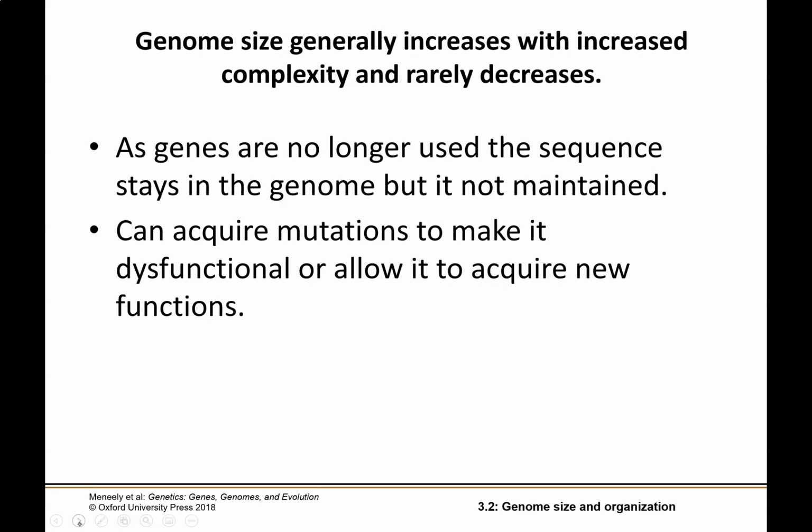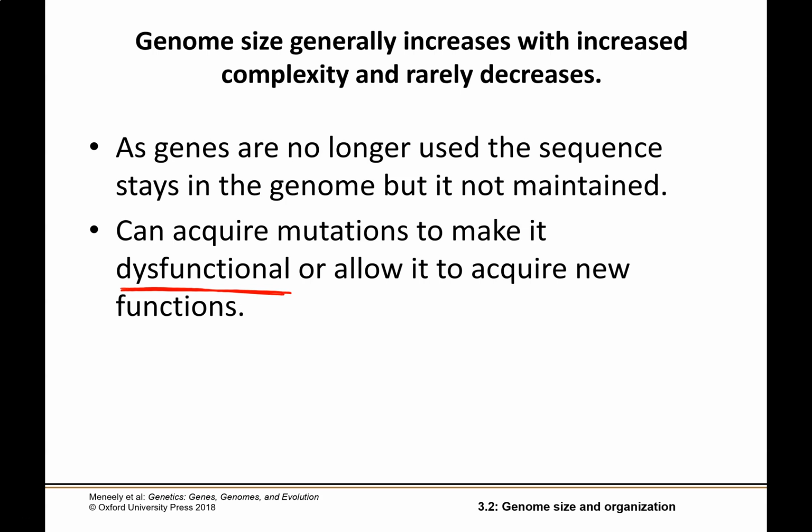Sometimes genes are repurposed, their sequences are repurposed. Genes can acquire mutations to make them dysfunctional or to help them acquire new functions. Mutations generally occur at random, and if that mutation renders the gene dysfunctional, it's not going to be used in that organism anymore, and that could have detrimental side effects.